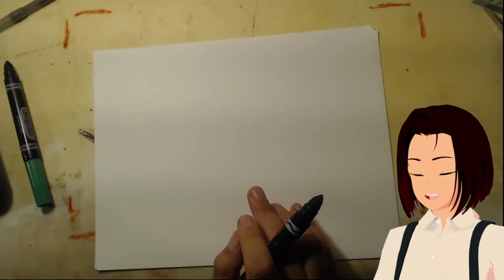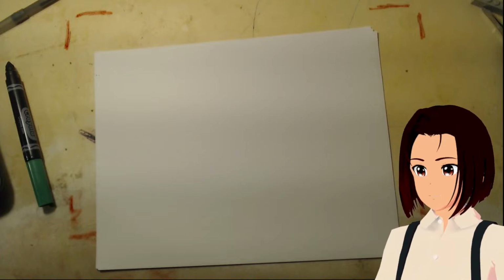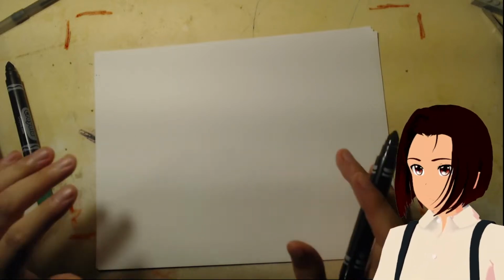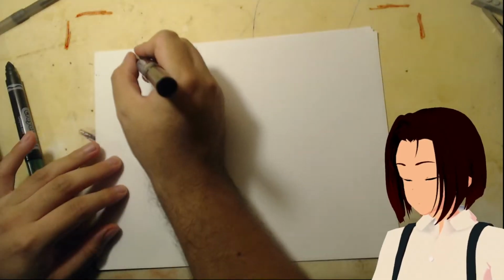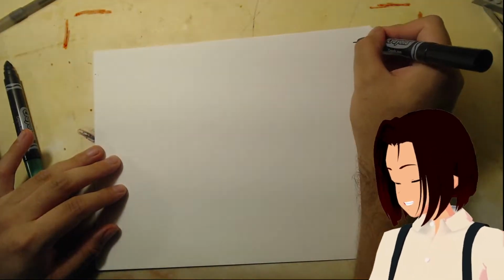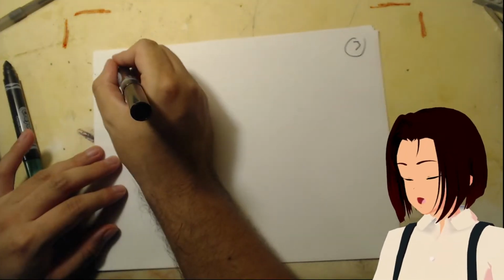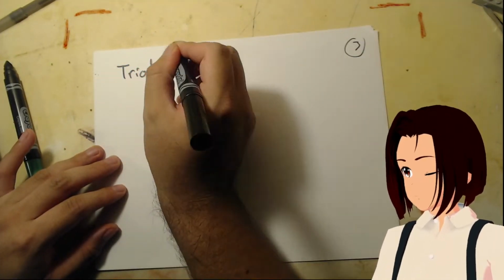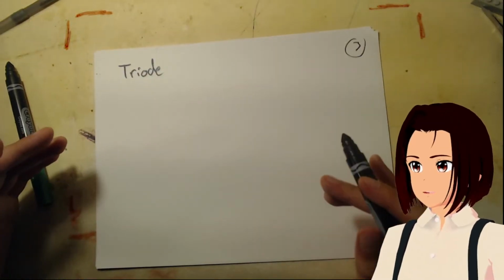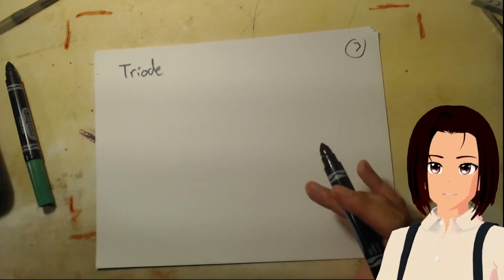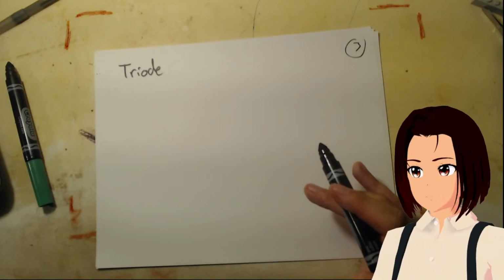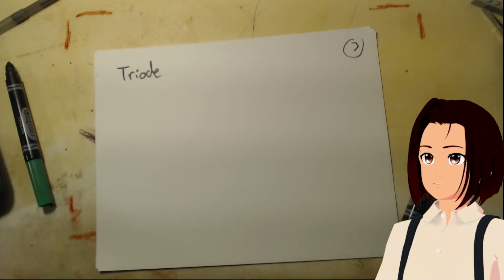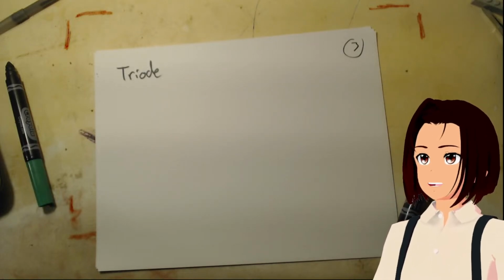So now we get to the good part, the great part, the excellent part. Now we get to page 3. We get to the triode. Now this is it. When we get to the triode, someone decided, a diode's cool, but you know what?